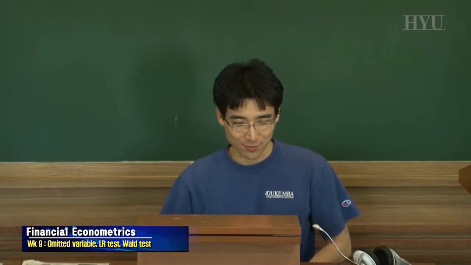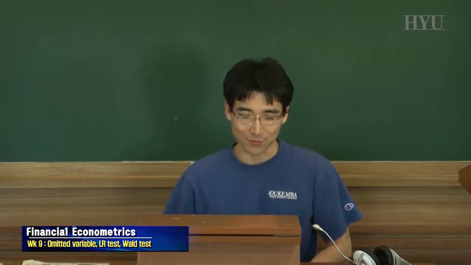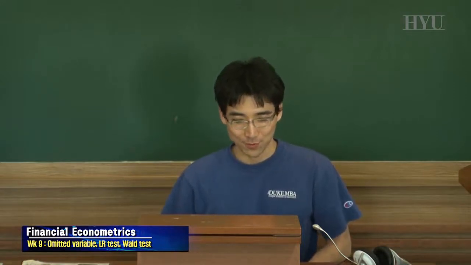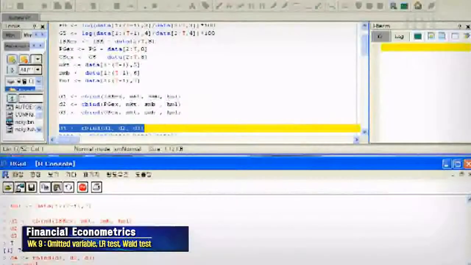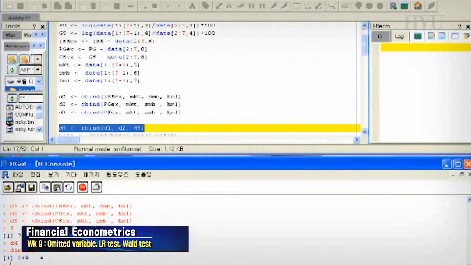So D1, D2, D3, okay? And what is T? T is 74, okay? So in that way, D4 becomes like this. So still we have only 4 columns.